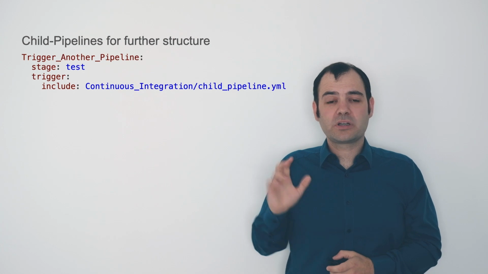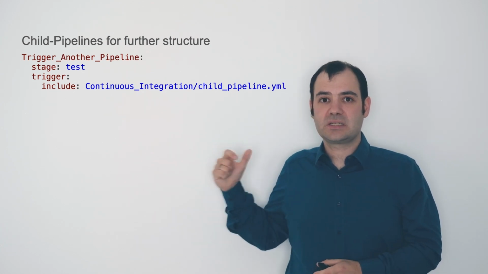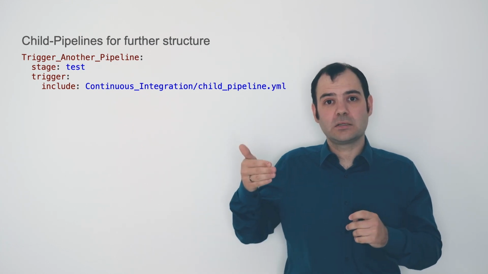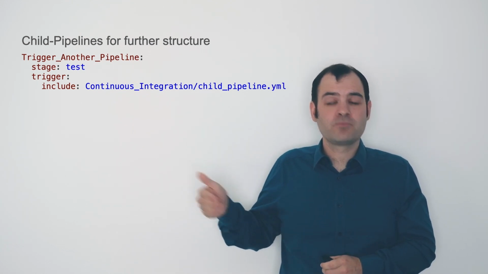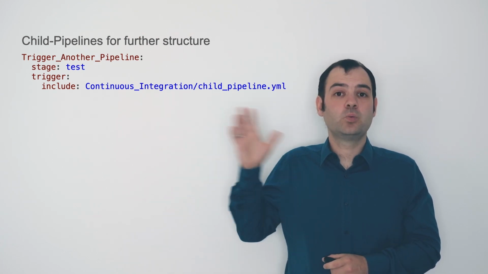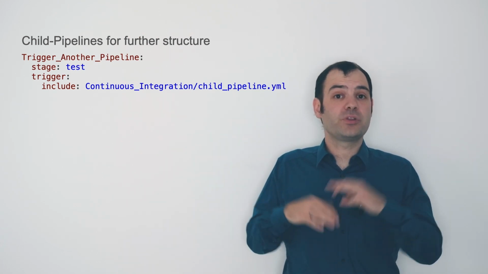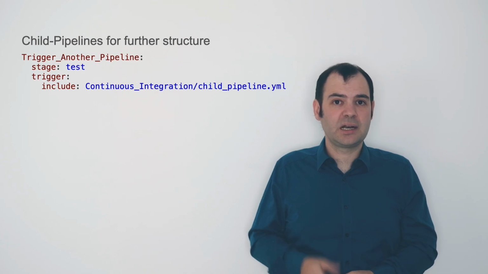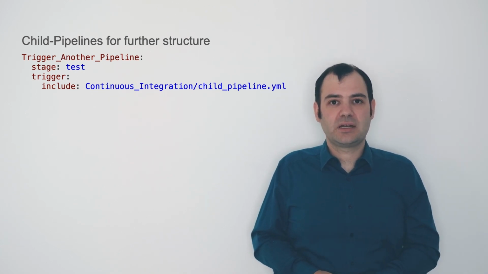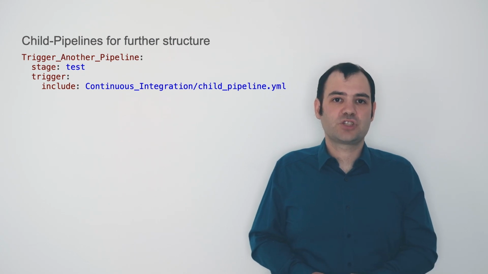There are more keywords than the include, so you can specify whether your main pipeline will wait until the child pipeline is done, or whether it will just start the child pipeline, but it won't wait for it to be finished, so the two pipelines can run in parallel, and many more tweaks that you can set to this child pipeline.